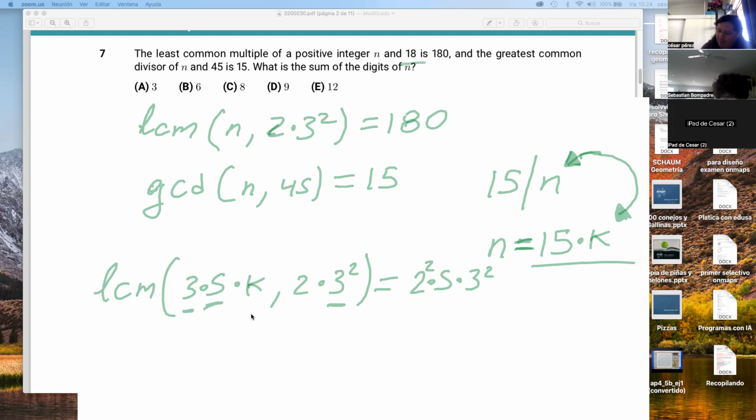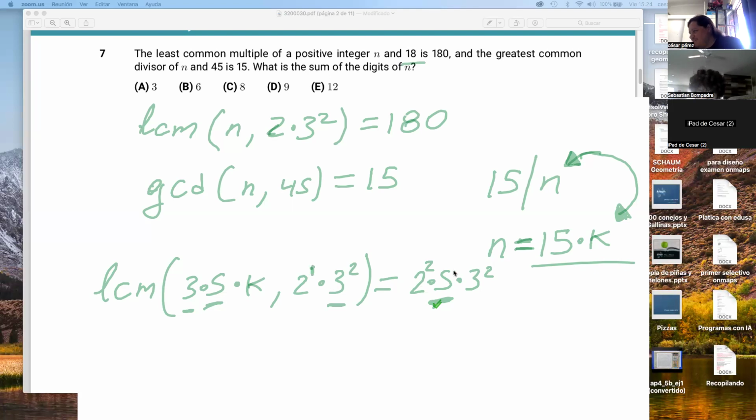But we only have here, okay, I need to buy a new pencil for my iPad. We still need 2 squared, but we only have 2. We have power 1 here.